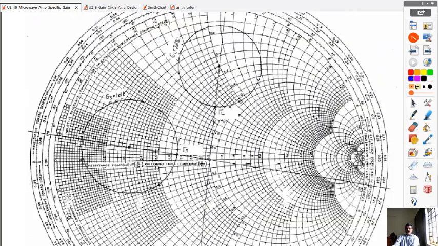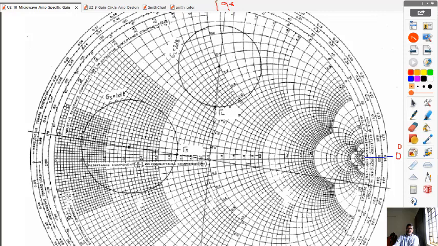So in the Smith chart, this is 0 degree. The marking is available on the Smith chart, and this one will be 90 degree.